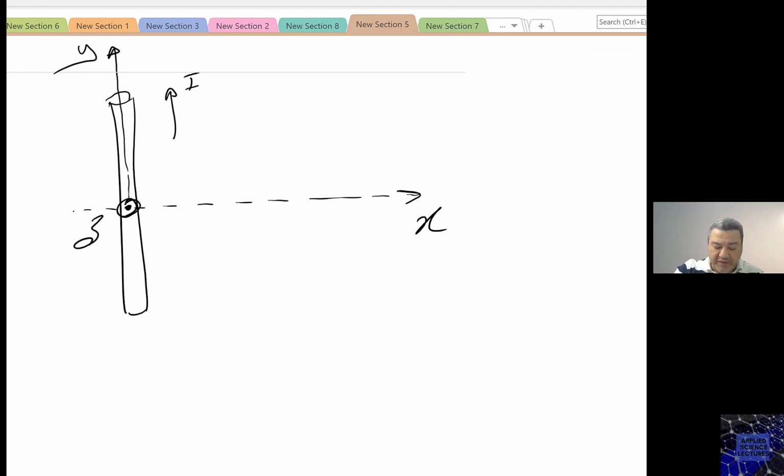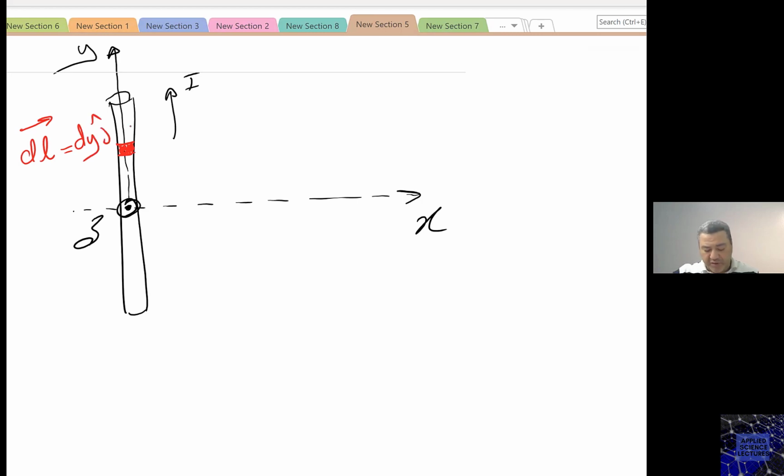So if I take this as my differential element, the infinitesimal here, this is my dl vector. So my variable is y. So my differential element here would be dy j hat.